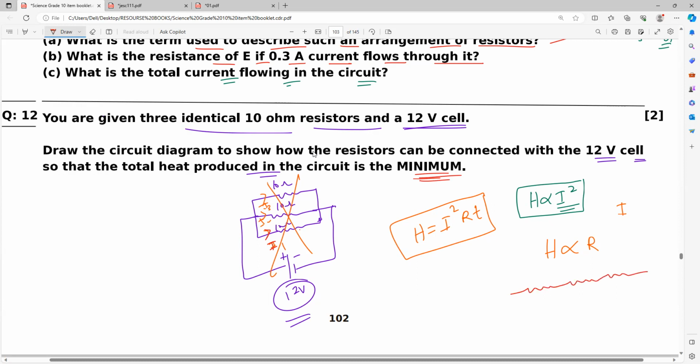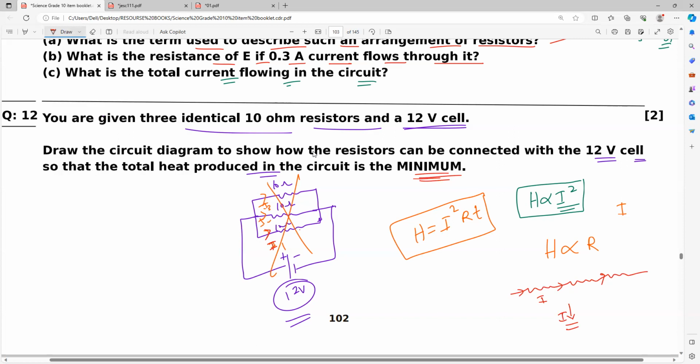What will happen, everybody? Current will be less or more? In series connection, will the current decrease or increase? Decreases. Yes or no? All of you. If you connect them in parallel, the current will increase.